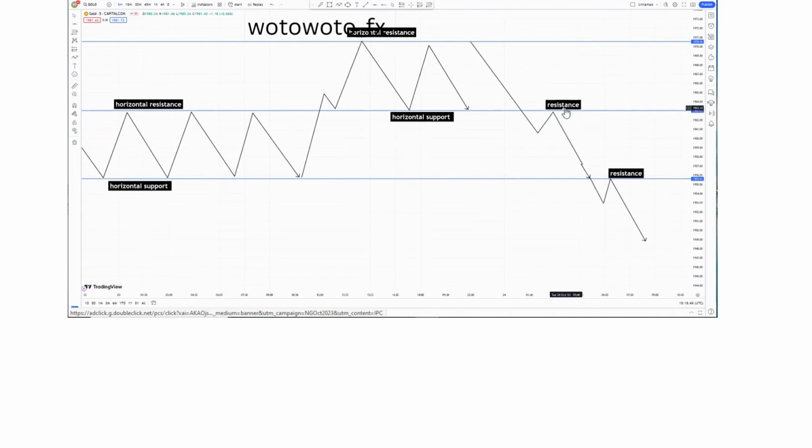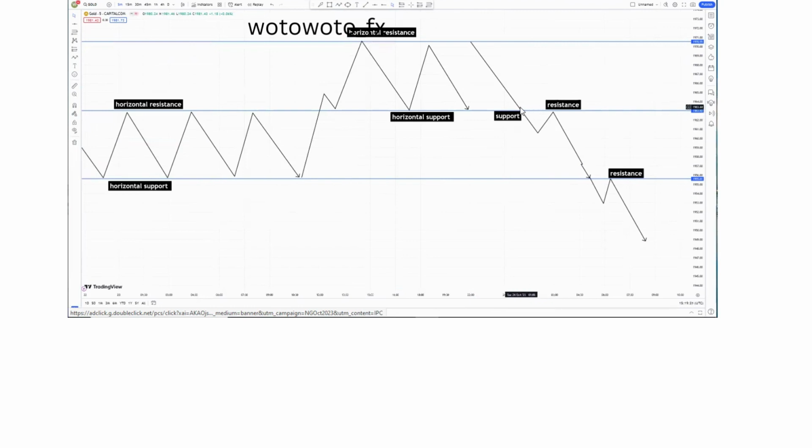Why this is a resistance level is that when price came from the upside, it broke this support here. Had price come down here and gone up, that would mean here is a support.